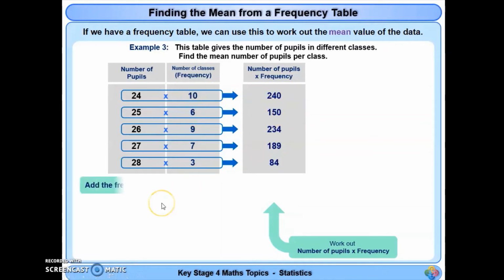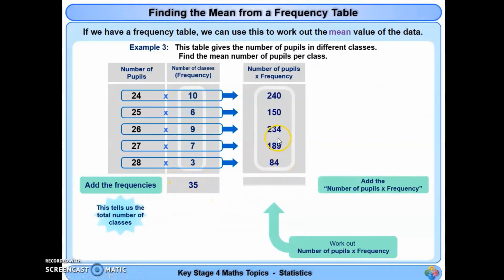Now we need a couple of totals. The total of frequency will tell us that there is 35 classes that we are interested in, and the total of the third column will tell us that there's 897 students in total in these 35 classes.